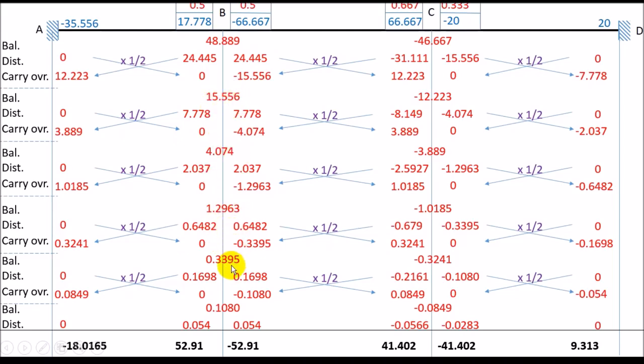Now since this is a tutorial, that is the reason I was writing these middle values, but as you practice more and more, you'll be capable enough of avoiding these values. Because these values have nothing to do with the final moments, you don't have to add them, don't have to subtract them, you can avoid them. Just add these values.